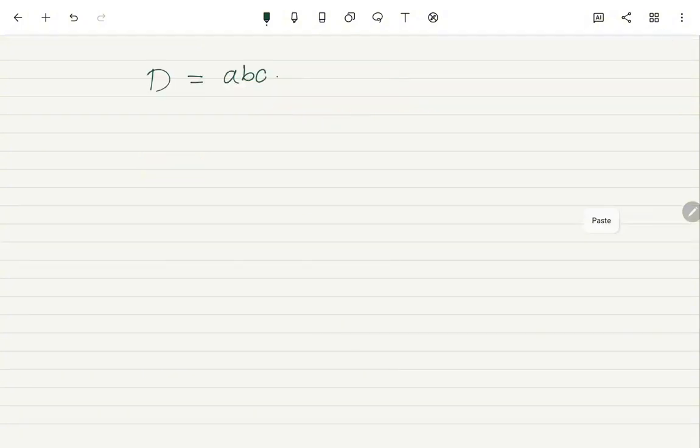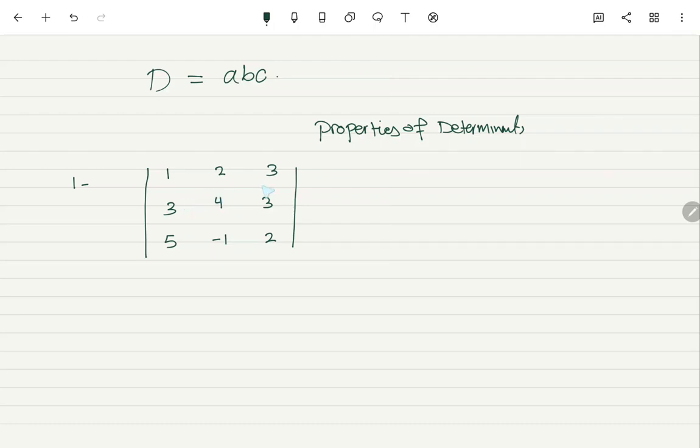Now let's discuss the properties of determinants. The first property here, the interchange of any two rows or any two columns in a determinant changes the sign of the determinant. So this property is called the anti-symmetry property. Example, if we have this determinant and we just switch the first column and make it as the second column, and replace the second column and make it the first column.